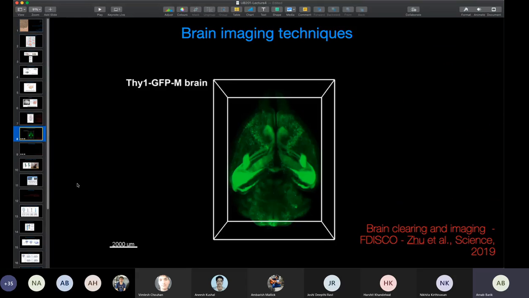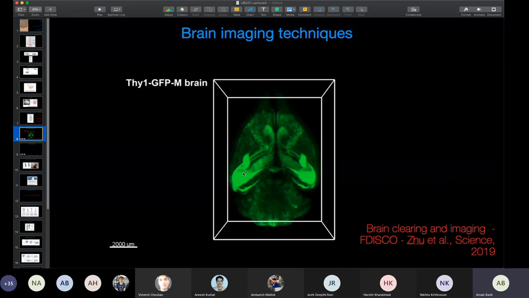So there's this technique called brain clearing. The brains that we study, of mice and rats and hamsters or guinea pigs, are not transparent. So what you generally do is make very thin sections, then you study them, then we map it to an existing map, and then we say, okay, we are studying this.